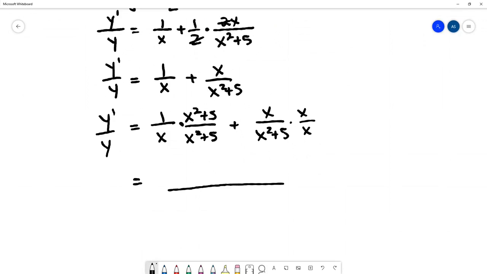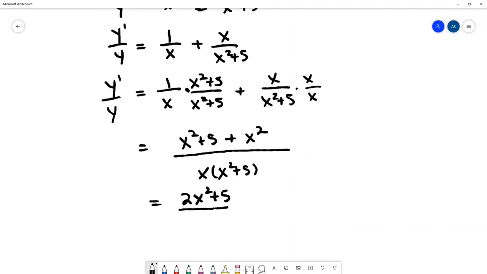In the numerator, 1 times x squared plus 5 is x squared plus 5, and x times x is x squared. We have 2x squared plus 5 over x times x squared plus 5.